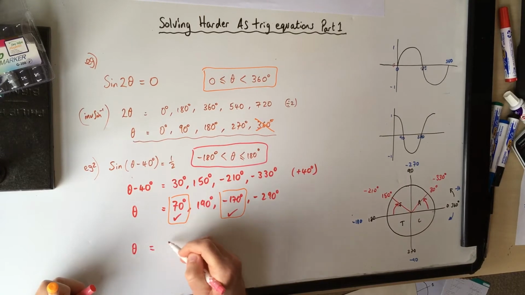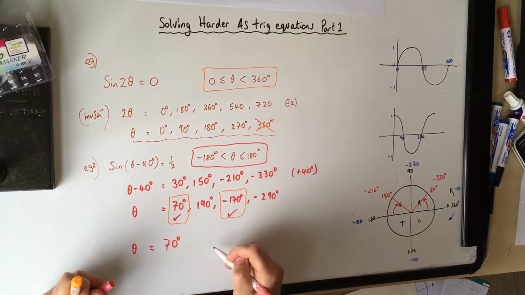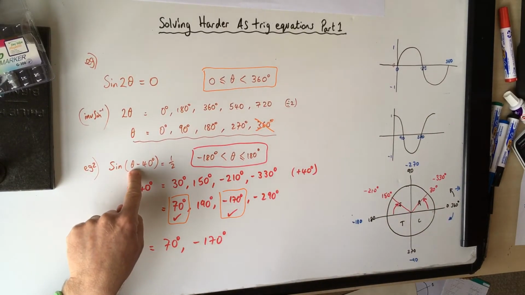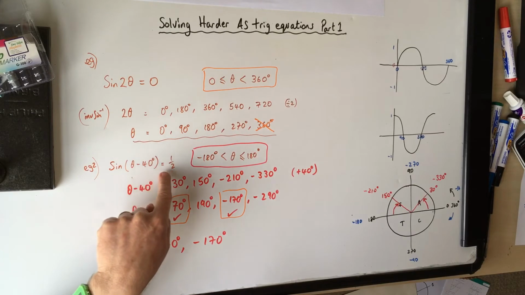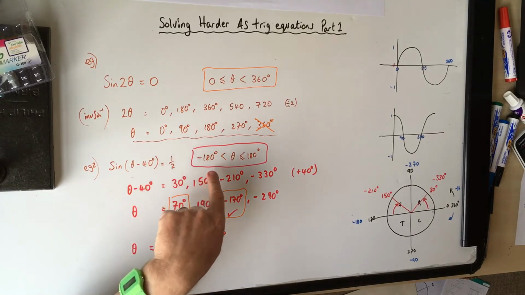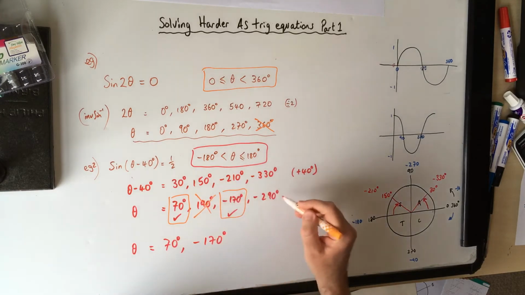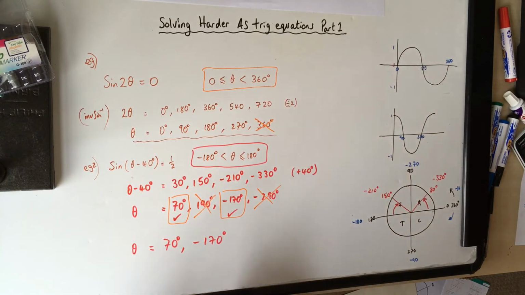Theta is equal to 70 degrees and theta is equal to minus 170. Those are the two values that, when you put them in there, would give you the sine of a half between these ranges. And those ones we must make sure that we cross out on our exam paper. So only these two are seen as our final answer.